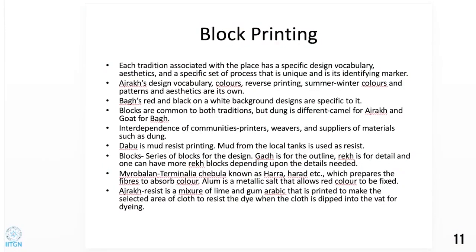They wait for those camel herders to bring their dung, and then they will make clothing for the camel herders. You see? The cloth suppliers, weavers, they will make the clothing for them, printed and given. So there is a good synergy there. Dabu is in Rajasthan, and mud from tanks is used as resist.